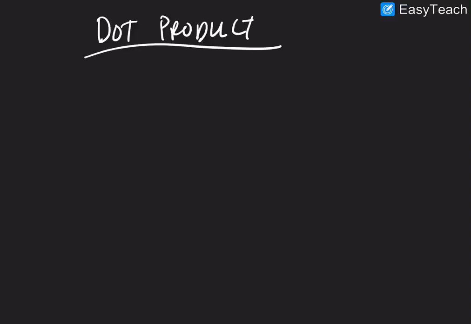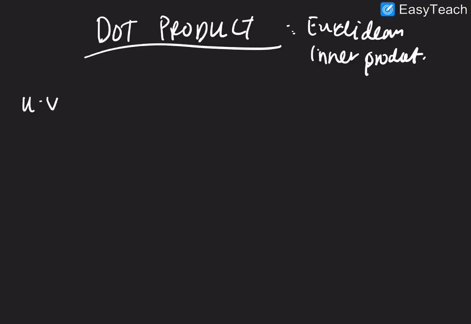The last thing I want to talk about is the dot product. So if we're dealing with a problem regarding the dot product, maybe I should tell you that this is sometimes called the Euclidean inner product. I just want to make sure that you are prepared for anything. Okay, so you can see the dot product in two ways. One is this way.